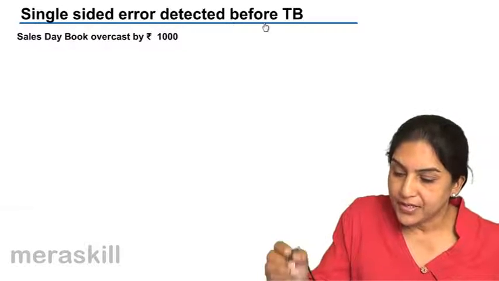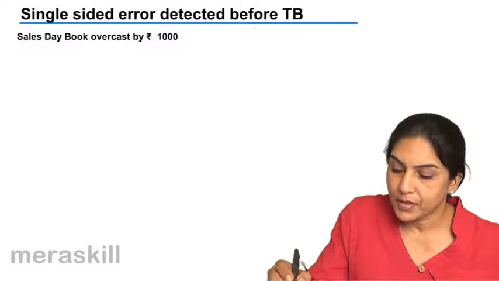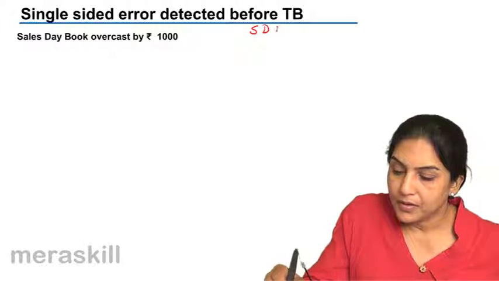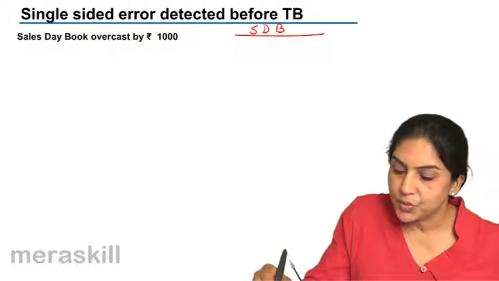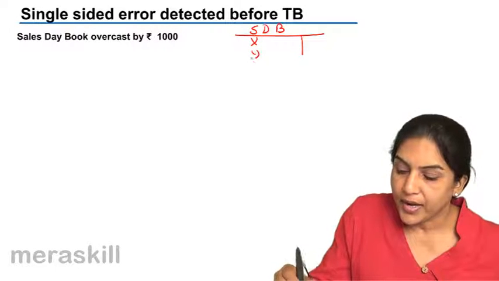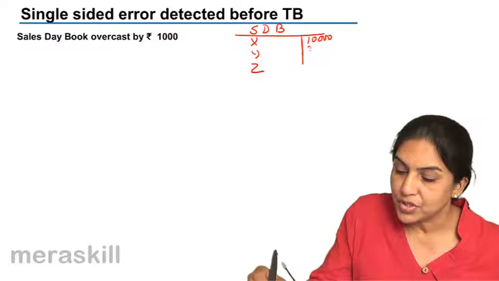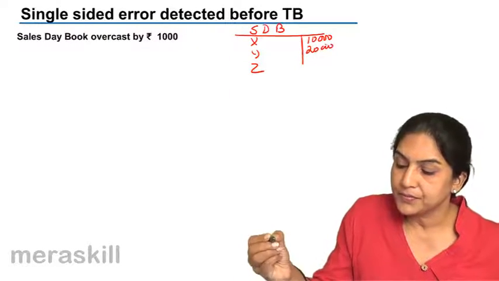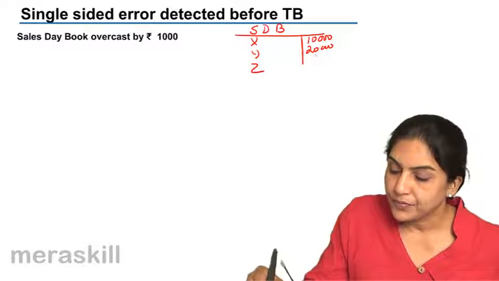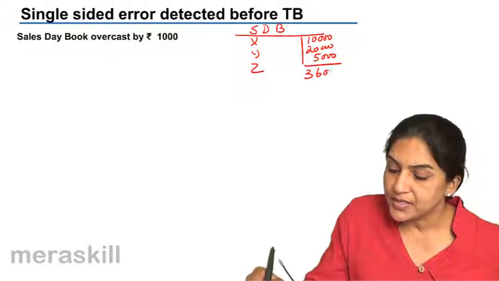If I write a sales daybook here, suppose in a sales daybook I just write X, Y and Z's account. Let's say the sales in the sales daybook are 10,000, 20,000, and I total this as 36,000.